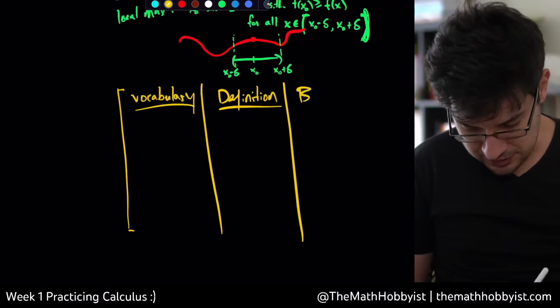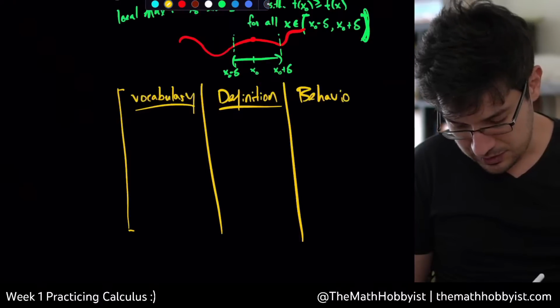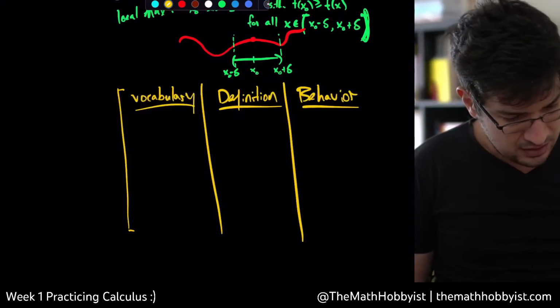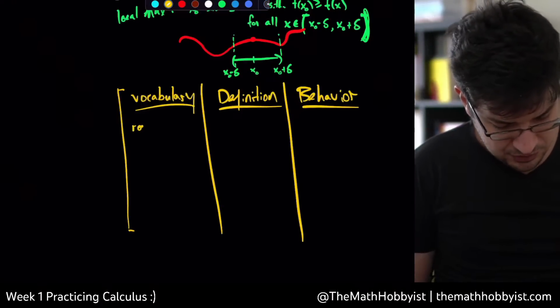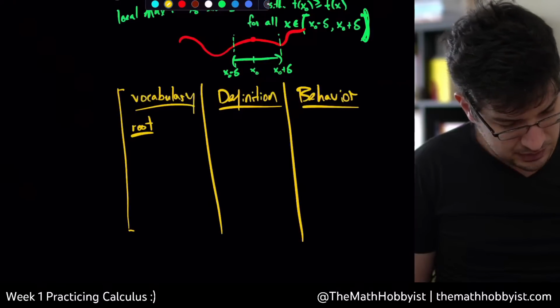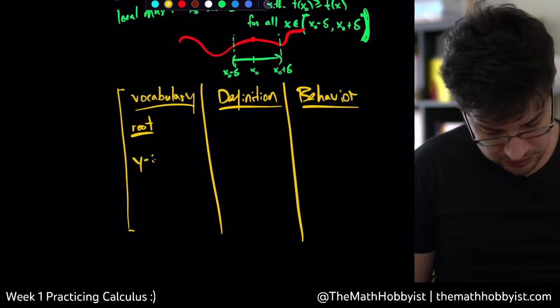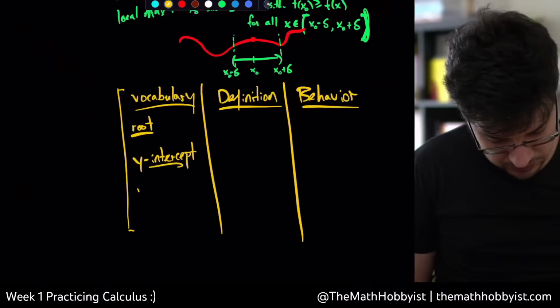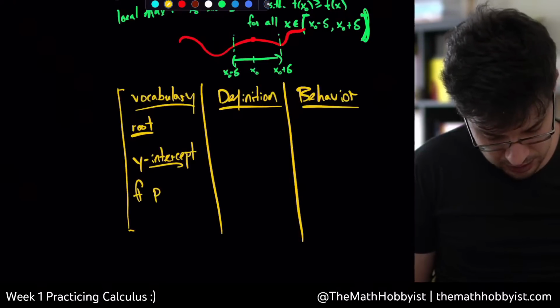But definition and behavior. This definition's a little squishy. Okay. We have the definition of a root, which I'll add later if we need it. We have the definition of a y-intercept. We have the definition of f being positive. Ooh, neat.